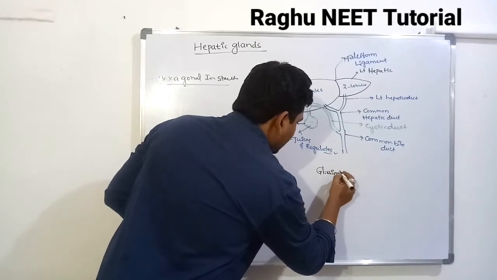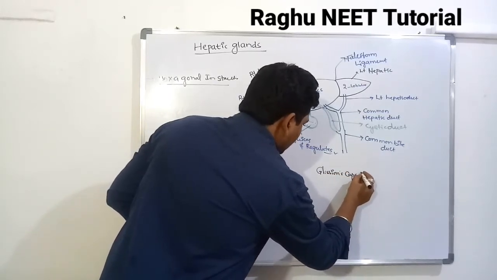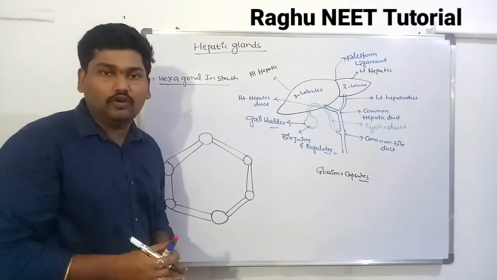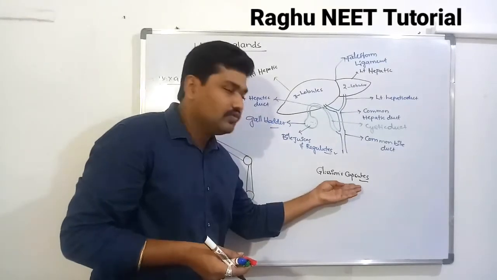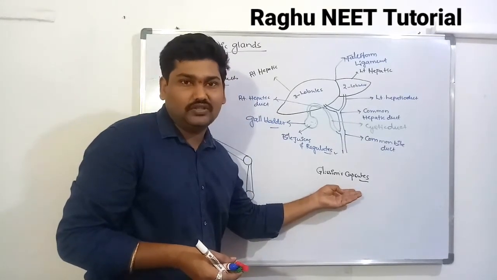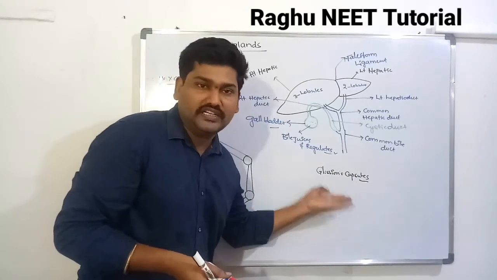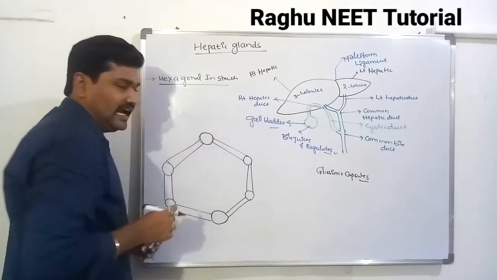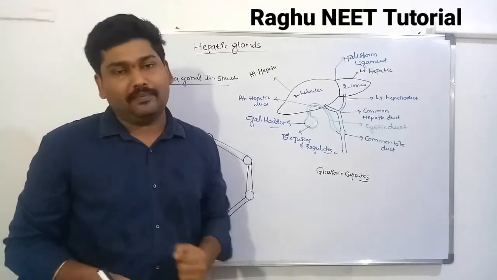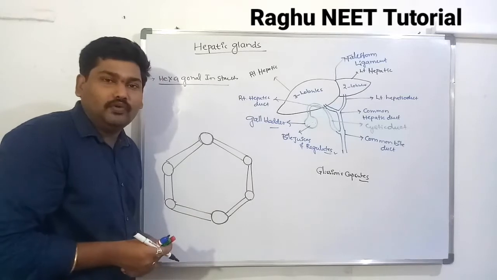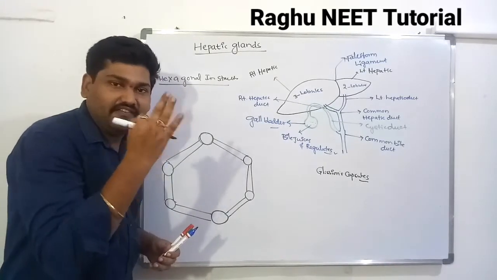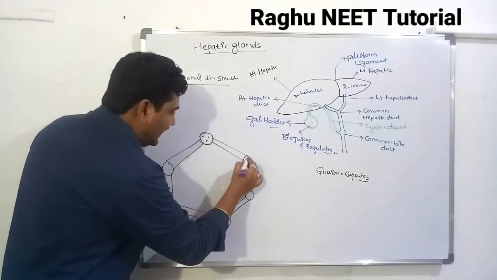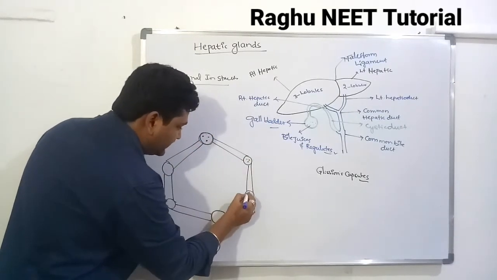What is the Glisson capsule? The complete hepatic lobule is covered by the outermost connective tissue sheet called the Glisson capsule. The edge of the hepatic lobule consists of three vessels.